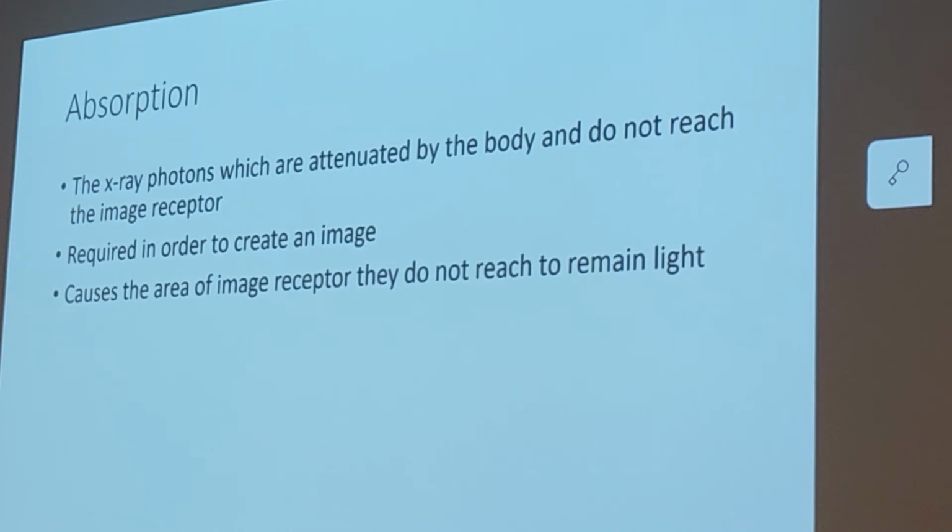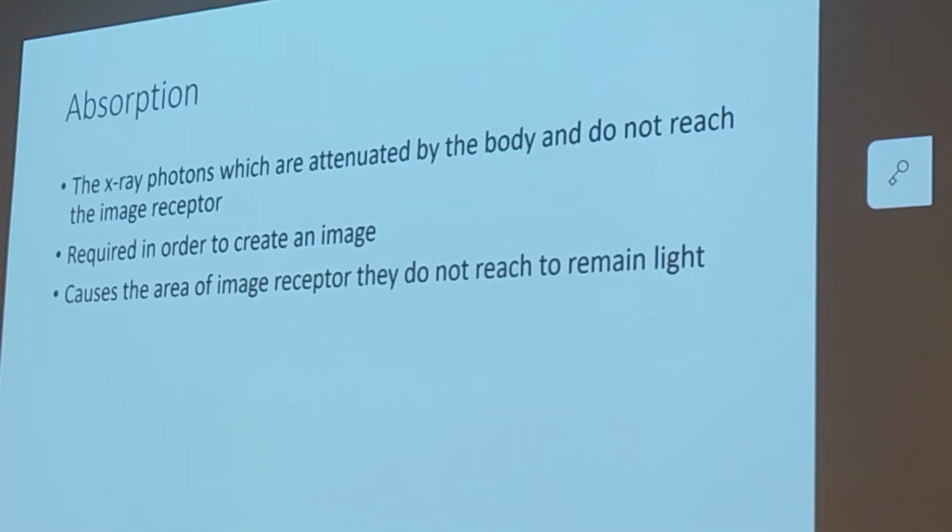But if the question was something about only absorption, and one of the answers involves scatter, then you can't use absorption and attenuation interchangeably in that case.